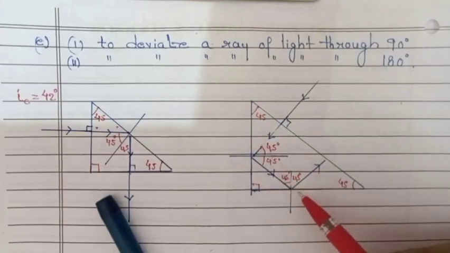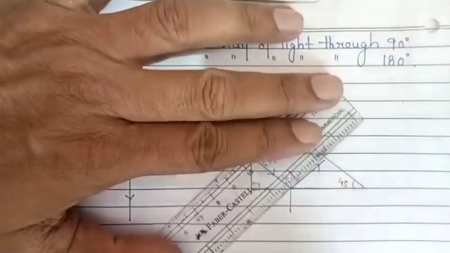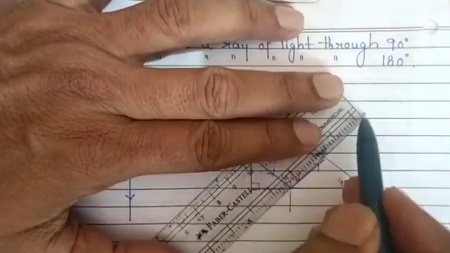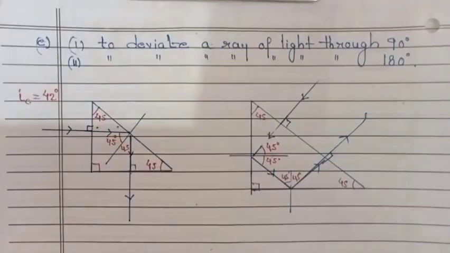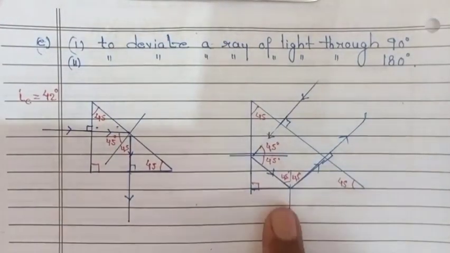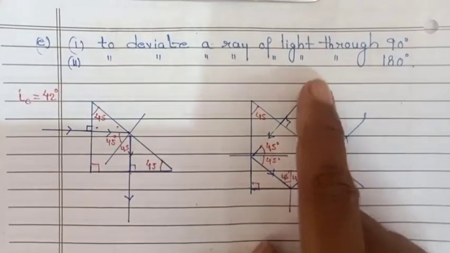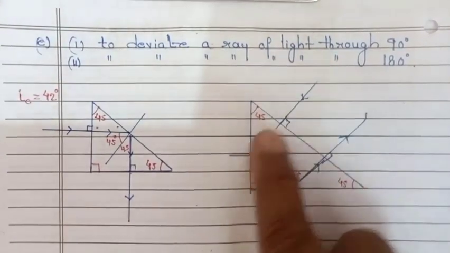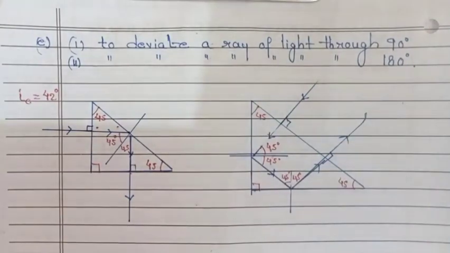So in total it has deviated through 180 degree, and the ray strikes the surface normally, so it will pass undeviated. See? So this is how we can use a total reflecting prism to deviate a ray of light through 180 degree. It was coming in the downward direction, it goes in the upward direction. 180 degree reflection. So is this clear to you?